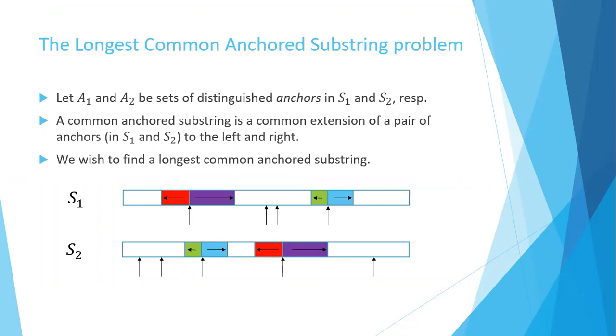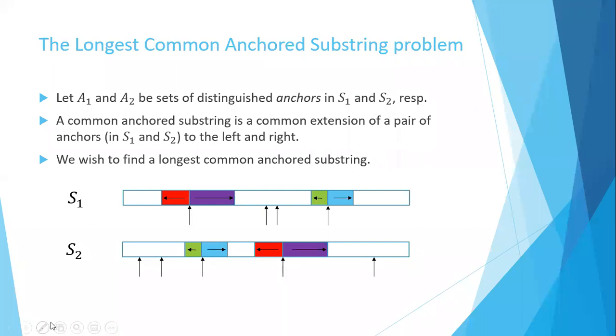In addition to the strings S1 and S2, we are also given sets A1 and A2, which are anchors, essentially positions in S1 and S2. A common anchored substring is taking an anchor from S1 and an anchor from S2, and extending it as much as we can to the right and to the left. We wish to find the longest common anchored substring.